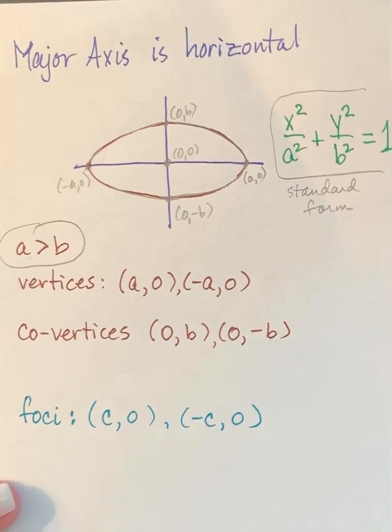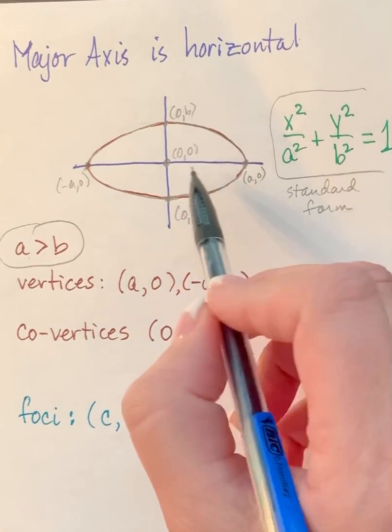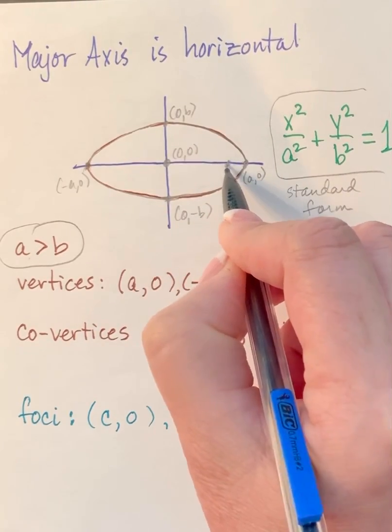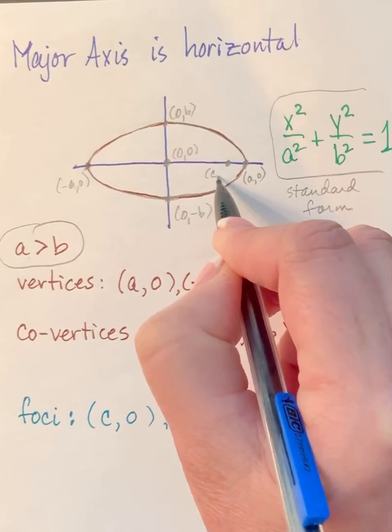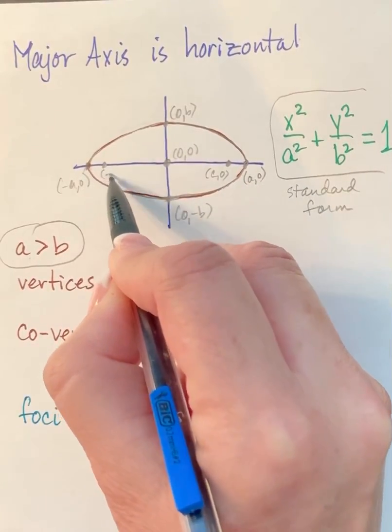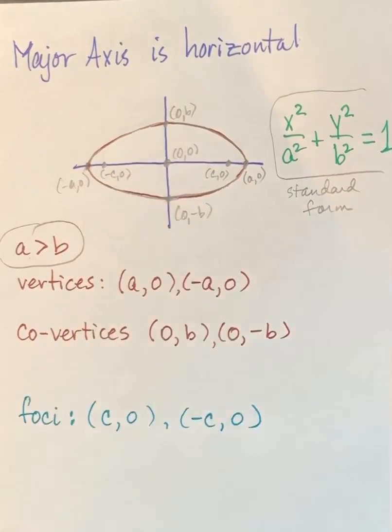Now, we're not going to talk too much more about the foci today, but we use the letter C for the foci. They're going to be on the major axis between the center and a vertex. So here's the center, here's a vertex. The focus will be approximately here. So that would be c comma 0. And then the other focus would be over here, negative c comma 0.